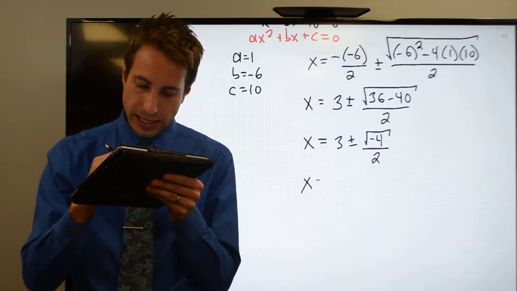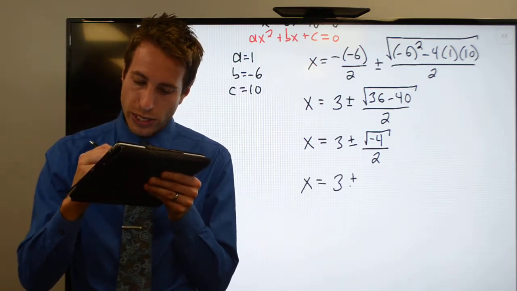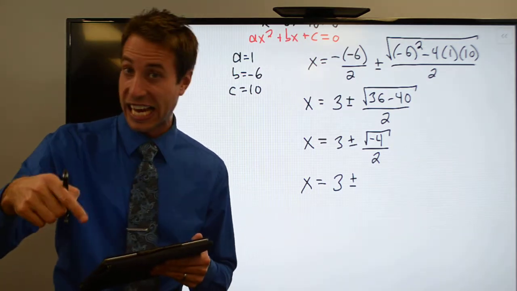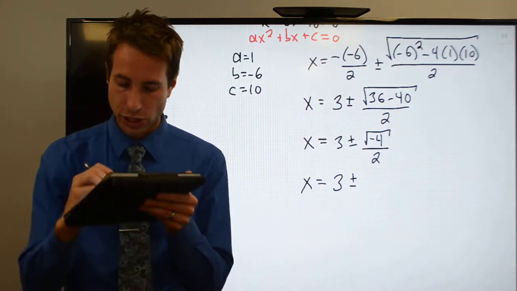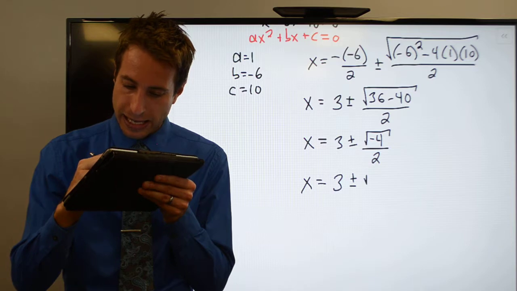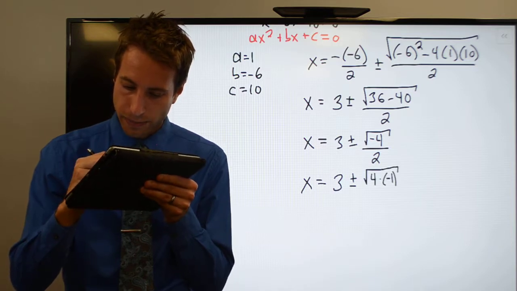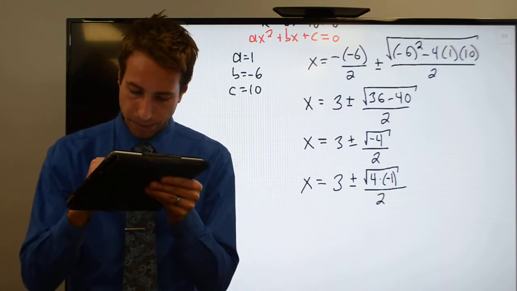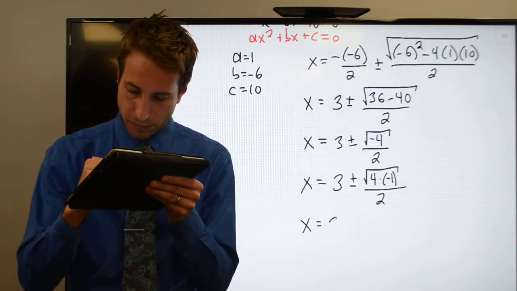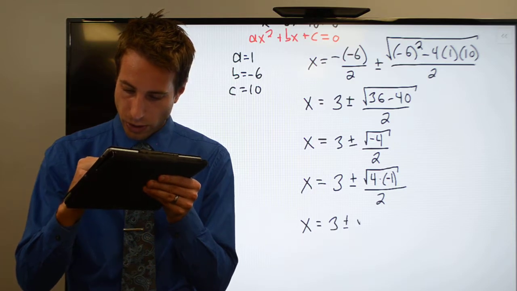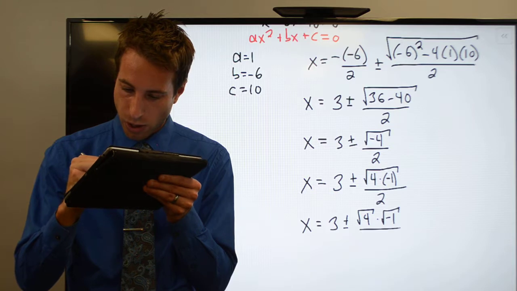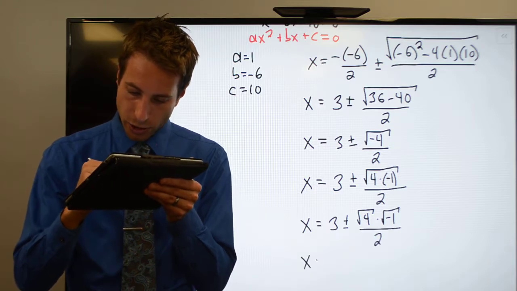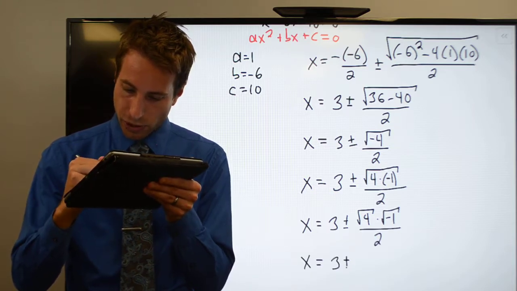Remember what we did in section 4: we rewrote that using the multiplication property of radicals. I can rewrite it as 4 times -1, and the product property says split them up. Square root of 4 times the square root of -1, all divided by 2, which means x is equal to 3 plus or minus.